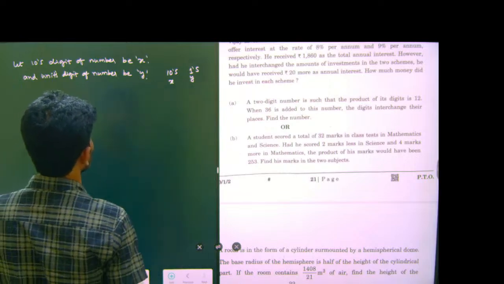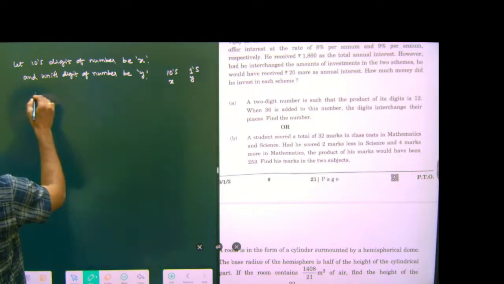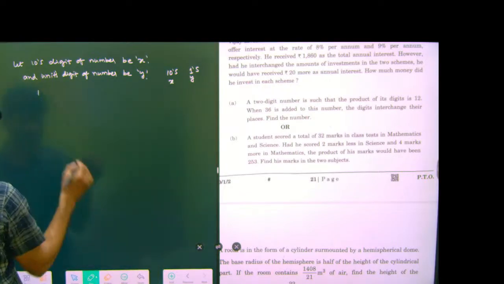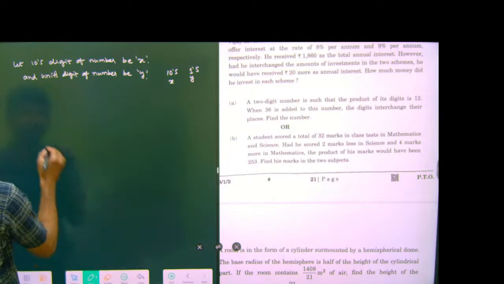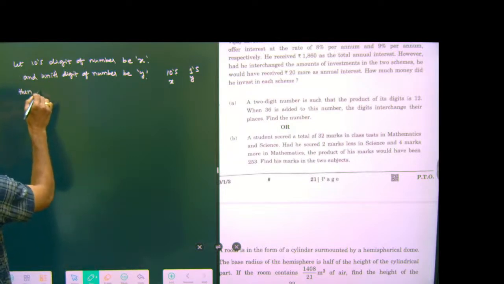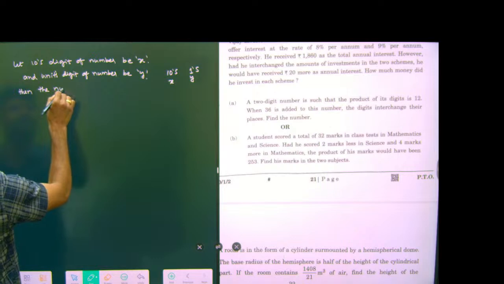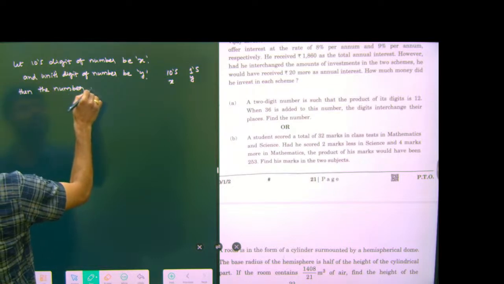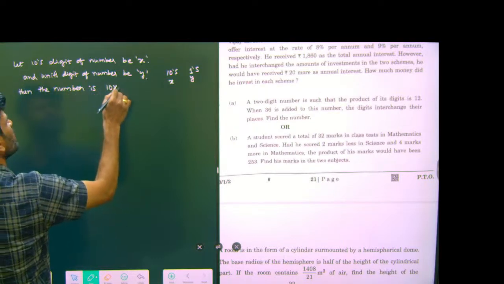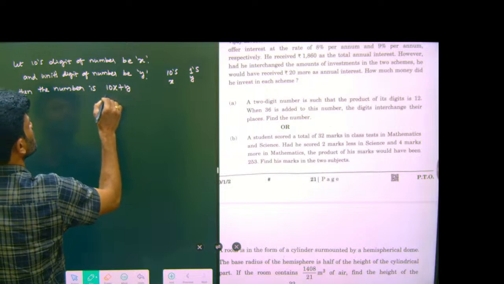Because it is a 2-digit number, what will be the number? 10x plus y. Let it be like this. Number is 10x plus y.